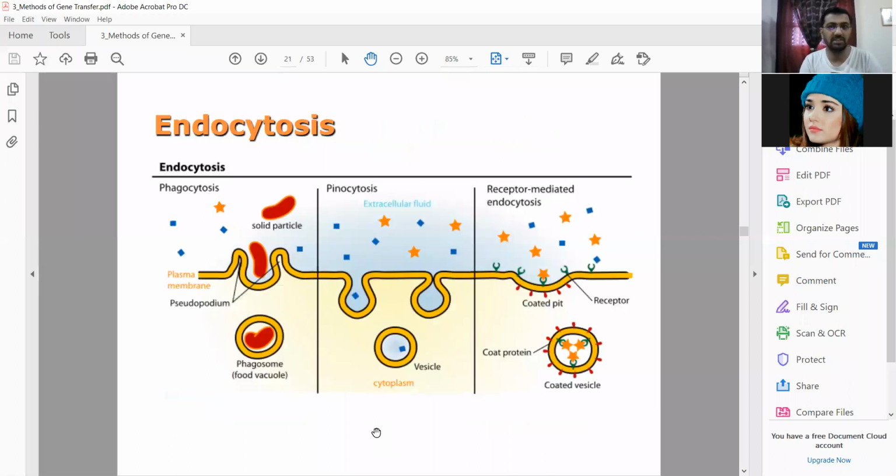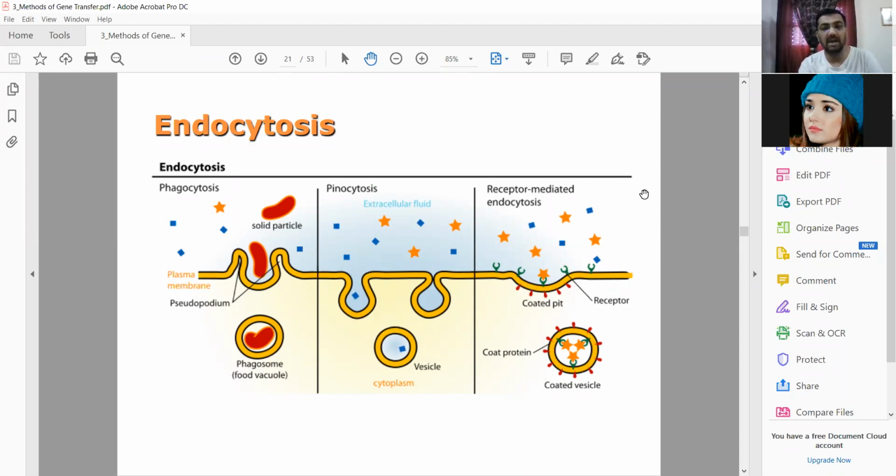So endocytosis could be divided into three types. One is phagocytosis, where the cell membrane simply engulfs a solid particle. Another is pinocytosis, where we have material in the extracellular fluid and vesicles are formed.